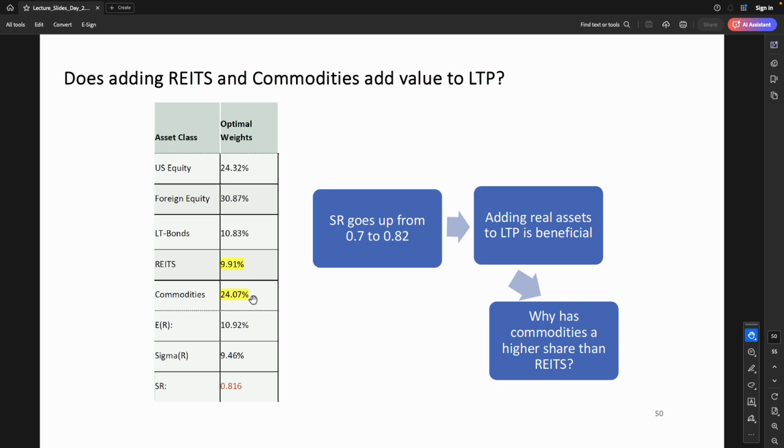It's something for you to take away for your own life, because for sure, the way I'm tempted to look at what's the expected return of an asset, it's more difficult to think about how much it diversifies my existing portfolio. But here you have now a second example where the diversifying asset has a high share just because it has a low correlation. And I try always to do that with my own investments.